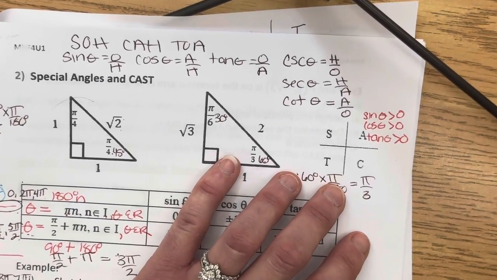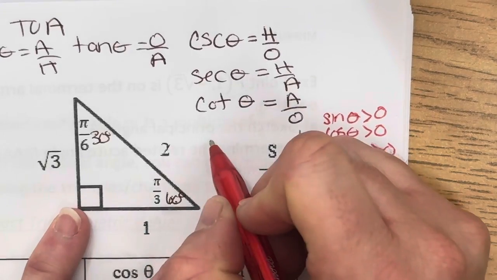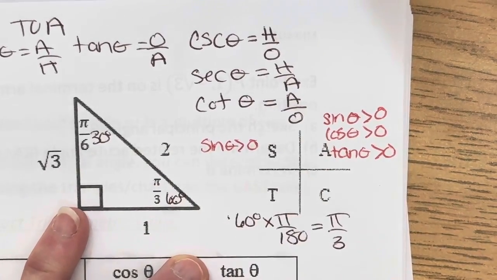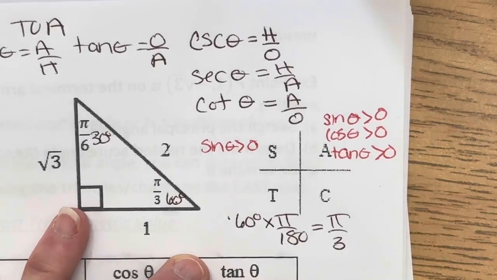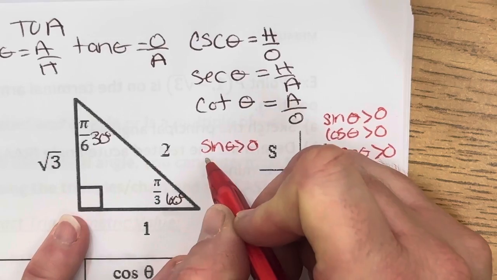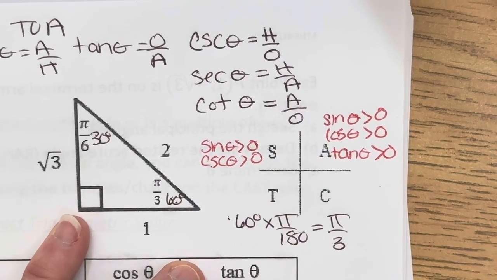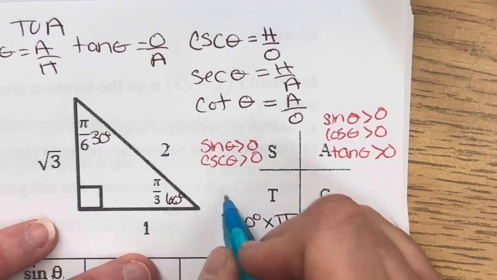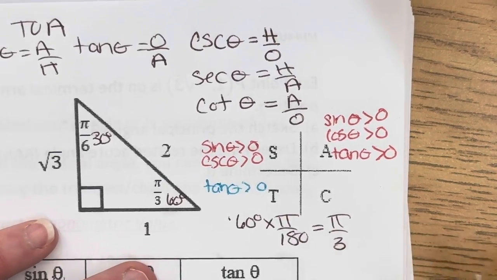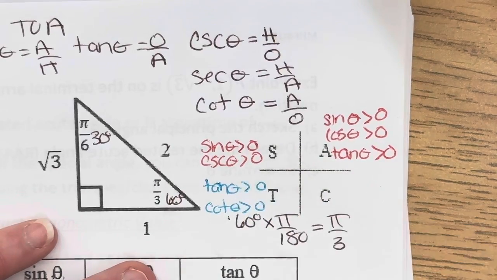If I'm in the second quadrant, only sine is going to be positive, so sine of its angle is greater than 0. As well, remember the reciprocals are also positive in these quadrants, so sine and, in this case, cosecant will be greater than 0. In the third quadrant, tan of theta will be greater than 0, and its reciprocal, cotangent of the angle, will be greater than 0.